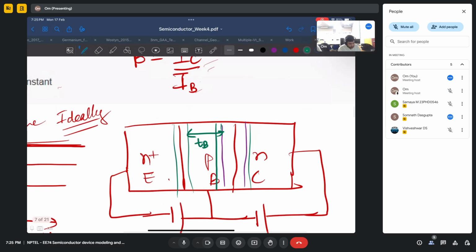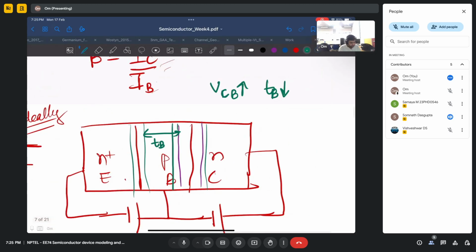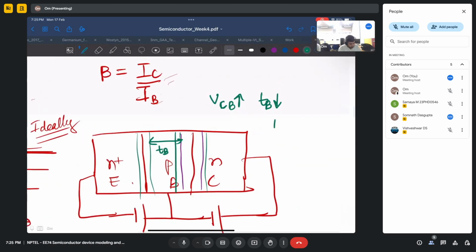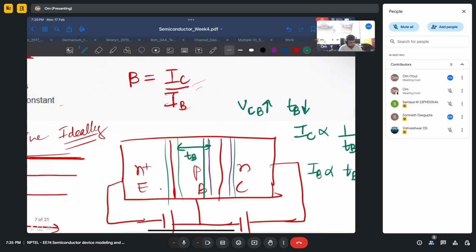When you are increasing VCB, your actual neutral base width is decreasing, right? Now IC is proportional to 1 upon TB and IB is directly proportional to TB. So IC is increasing and IB is decreasing, so your beta will increase.